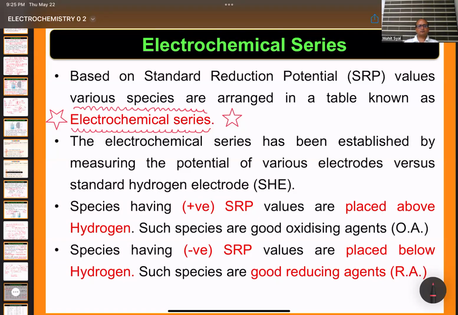Is this clear? When all the elements are arranged in decreasing or increasing order of their SRP values, it gives us a complete series, and that series is known as the electrochemical series. Got it? We are going to discuss this electrochemical series and its uses, very, very important.